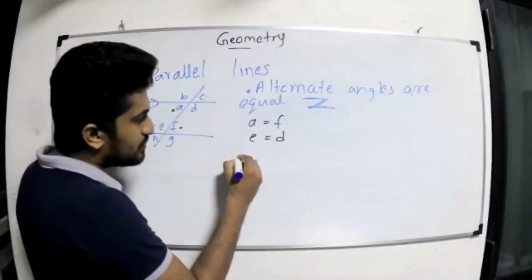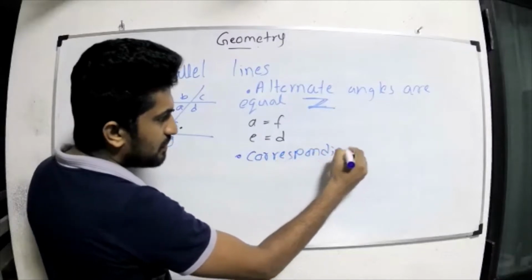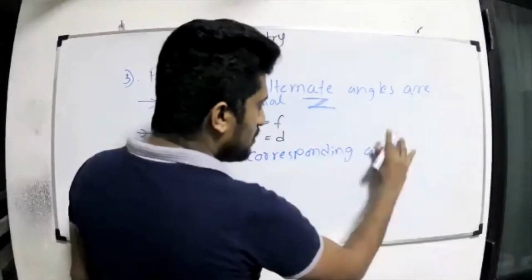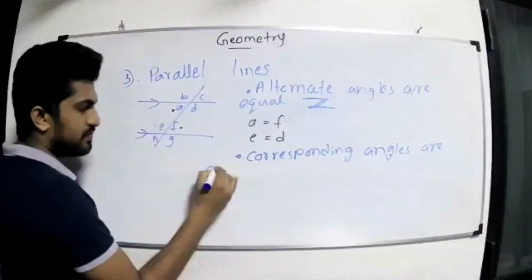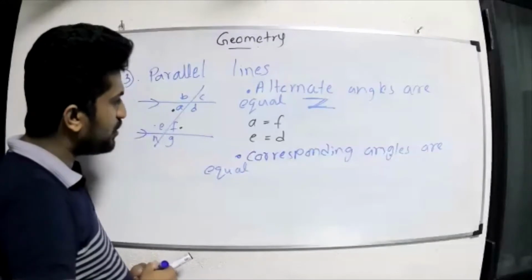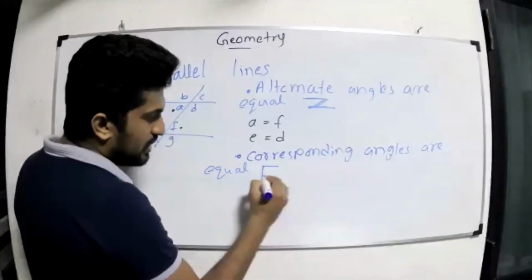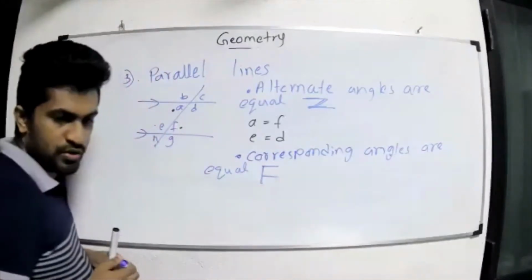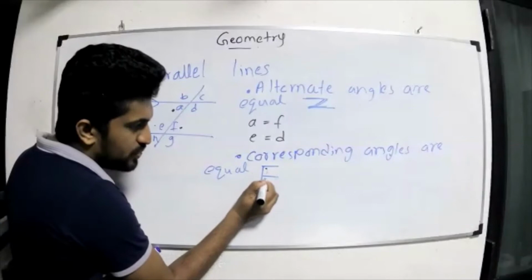Next one is corresponding angles are also equal. Corresponding angles are equal. How can you detect corresponding angles? Letter F. If you consider letter F on one side, then these two are corresponding.